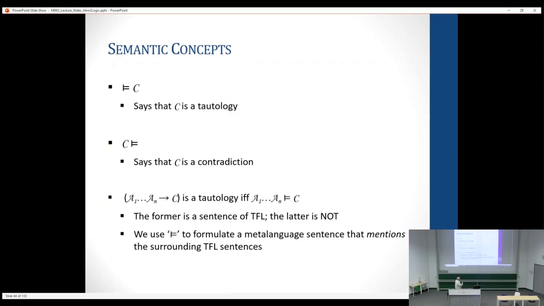On the flip side, we can also write this, the second one down, where we have a sentence, the double turnstile, and then nothing at all. This is a shorthand way to say that C is a contradiction. And again, we're using contradiction here in the way we defined it earlier, right? It means that there's no valuation where C is true.